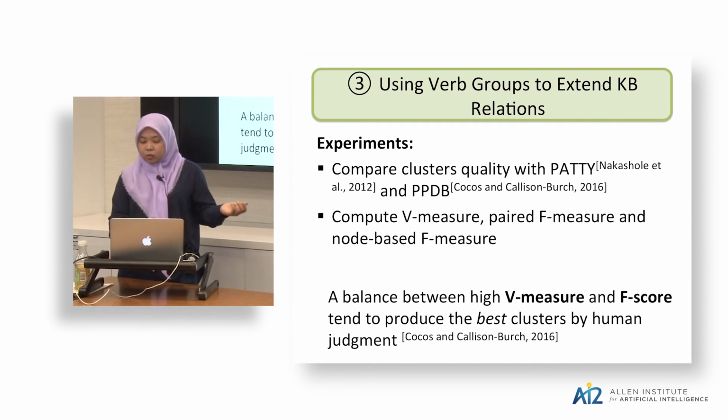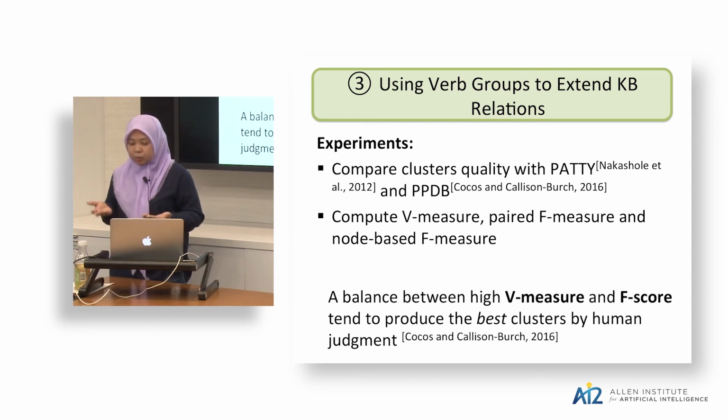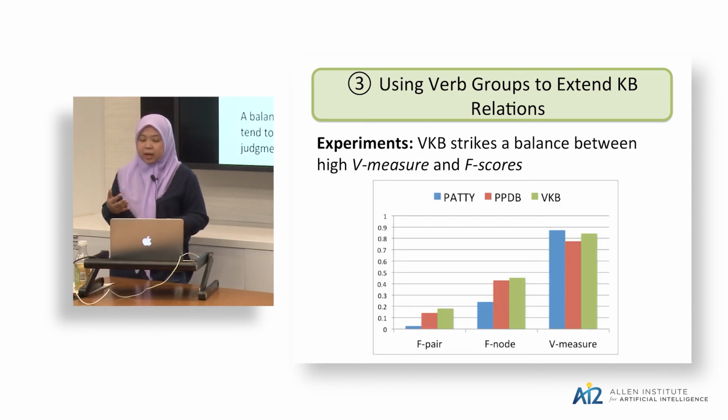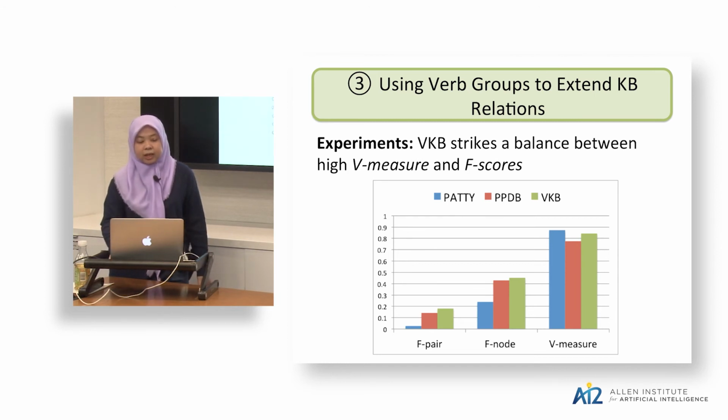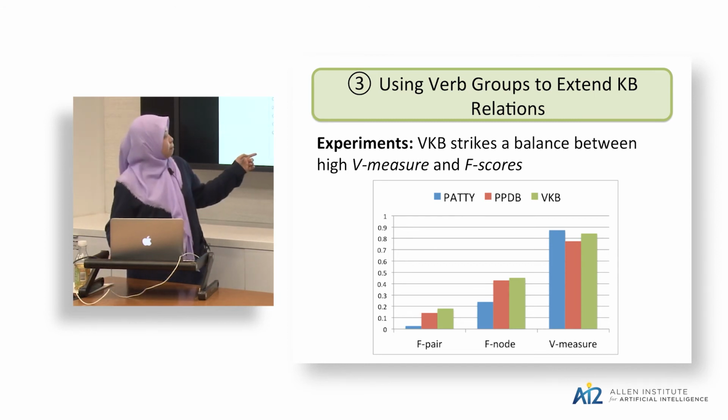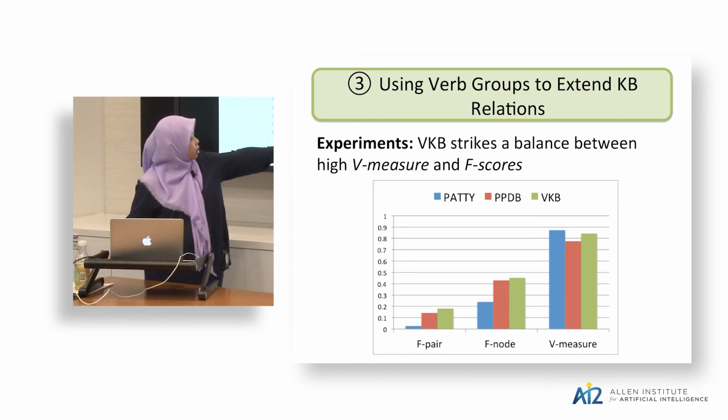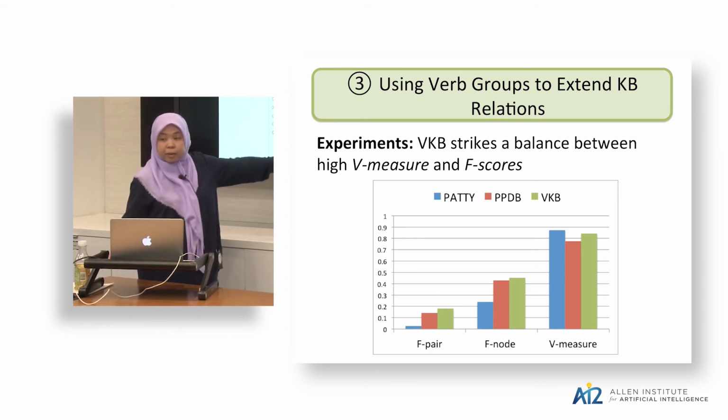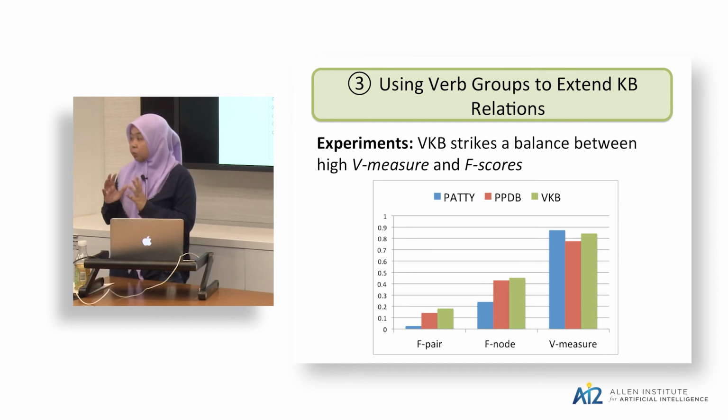And the previous work has shown that if you can balance between this F measure and V measure, then it tends to produce the best clusters by human judgment. And so we can see here, PATTY has very high V measure, but low F measure because PATTY clusters are smaller.